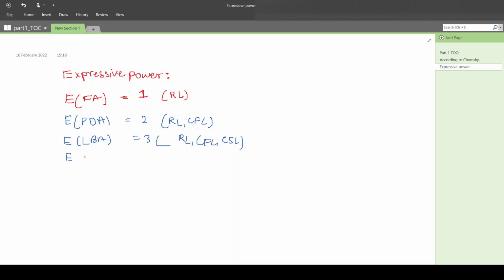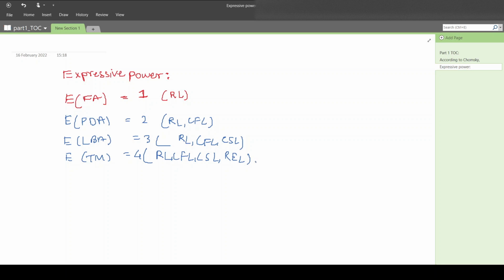And lastly, if you have seen the other three, Turing machine is easy. The expressive power of Turing machine is 4: RL, CFL, CSL, and recursively enumerable languages.